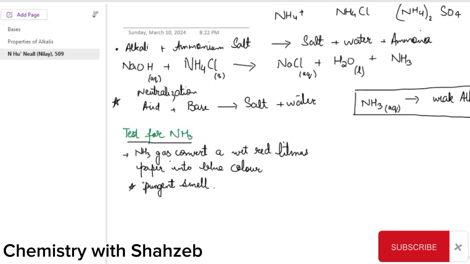There's another property as well, so let's discuss this property too. Alkali reacts with a salt to form a metal hydroxide and another salt.